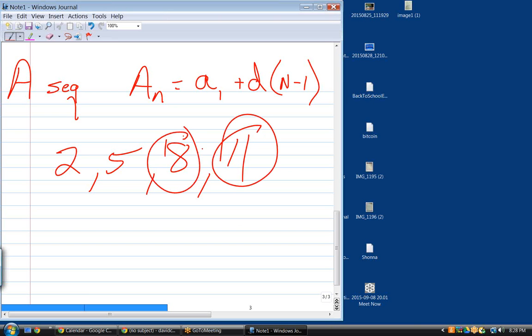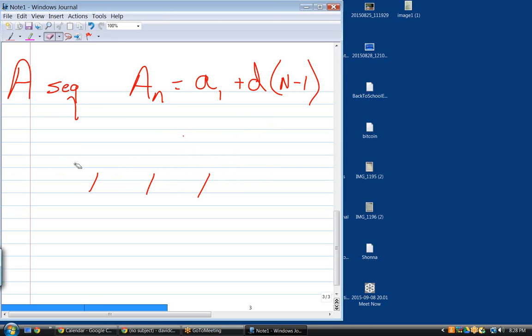In other words, 11 is going to be 8 plus 3. 8 is going to be 5 plus 3. So if I wanted to define this recursively for arithmetic sequences, it's real easy. The nth term is always the term before it plus the common difference.